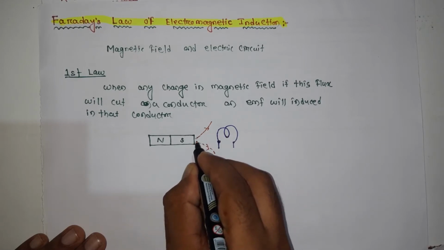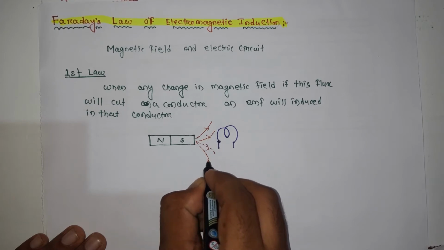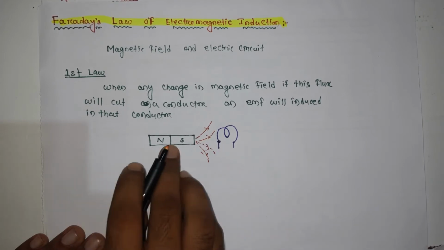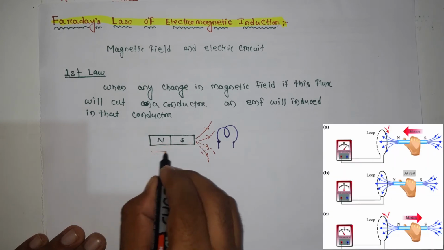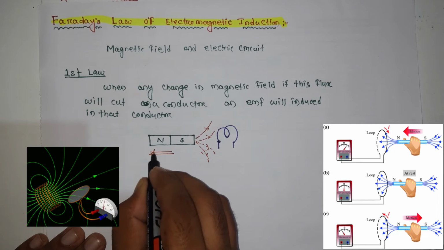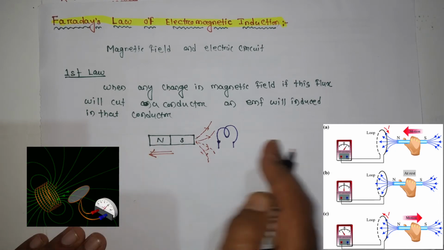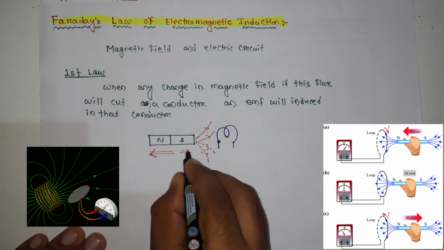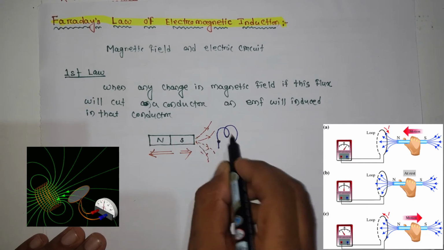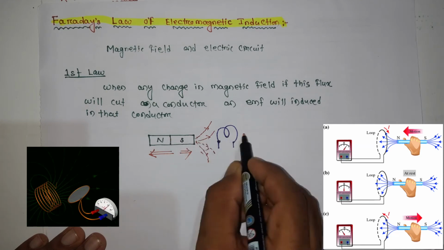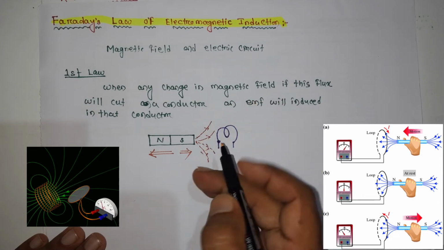If this flux changes, this means the magnet moves towards this side and towards this side. Then the change in flux will be caught by this coil, and if the change in flux is caught by this coil, it induces an EMF.